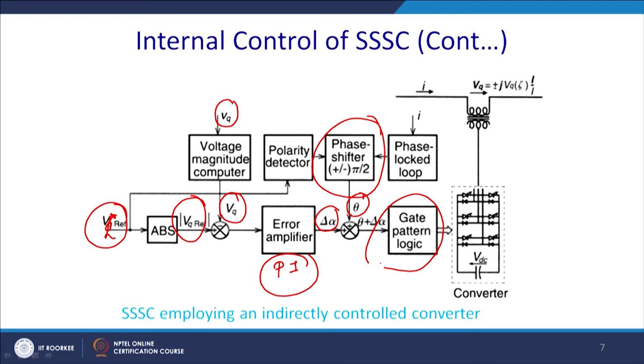We can also use IGBT for the lower rating, and there will be a PLL. From the PLL we can generate the information of the zero crossing, and the phase shifter will take input from both the polarity detector as well as the PLL.